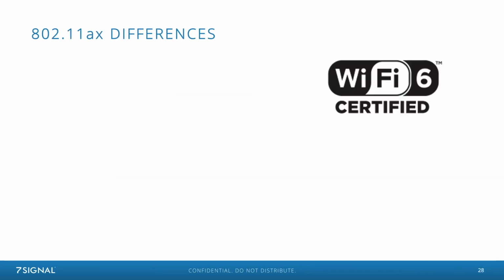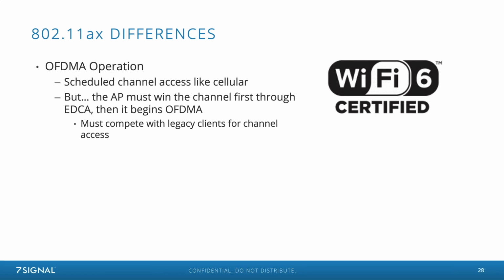So I mentioned 802.11ax really having some unique new stuff in it. One of those features is OFDMA. This is something totally new to Wi-Fi, at least real world Wi-Fi. This is where the access point takes over and schedules all the channel access that happens, just like a cellular tower would.